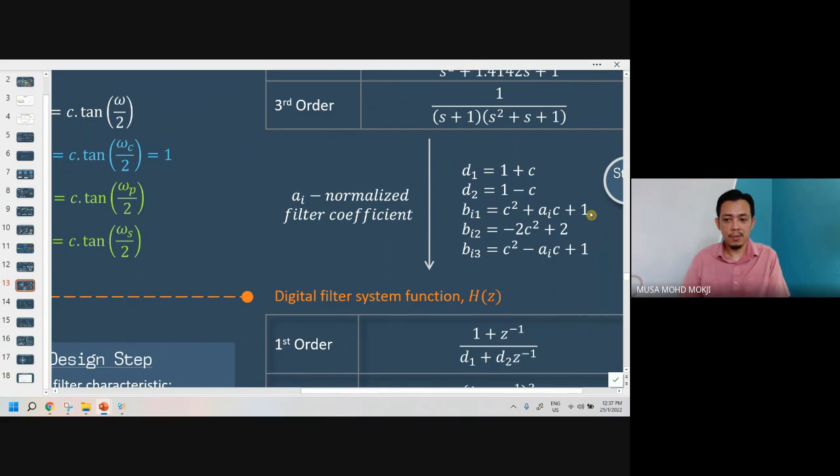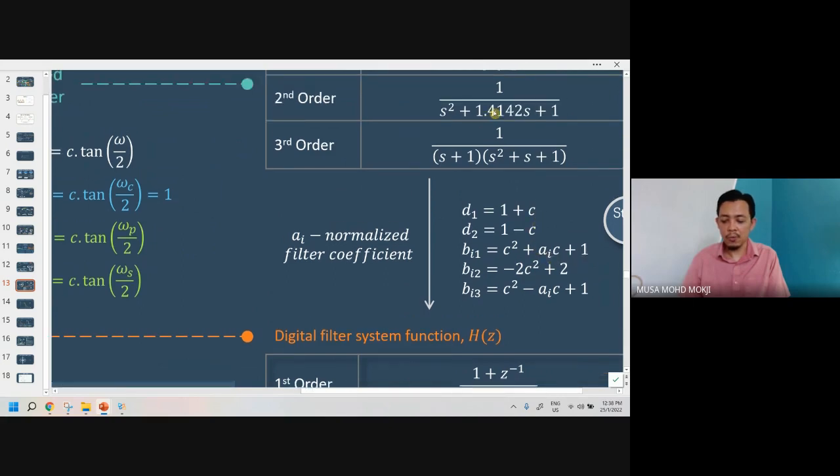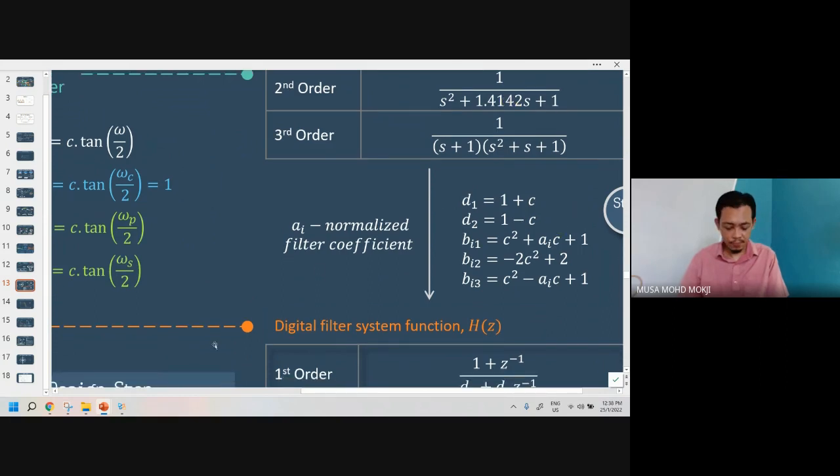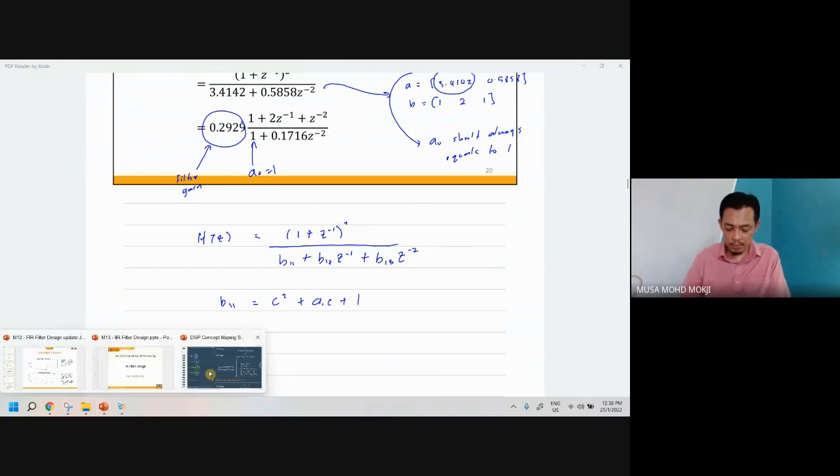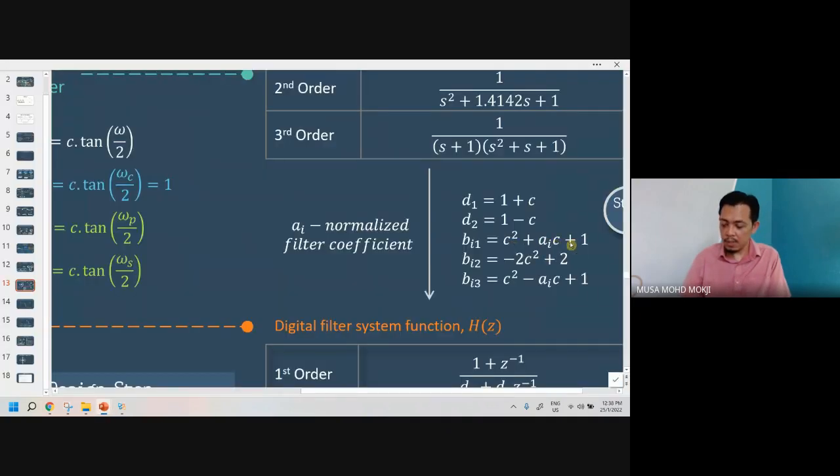And what is A1? A1 is 1.4142, so that's why we need this one. Then we already know that. So this is C squared plus A1 C plus 1. Hopefully I'm correct: C squared plus A1 C plus 1, right?